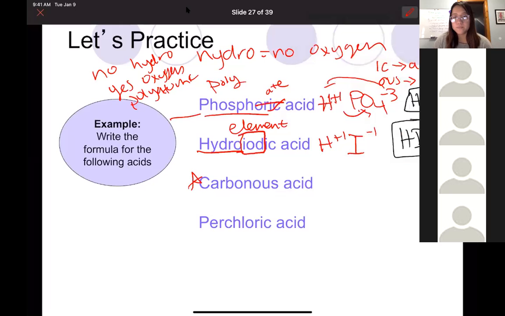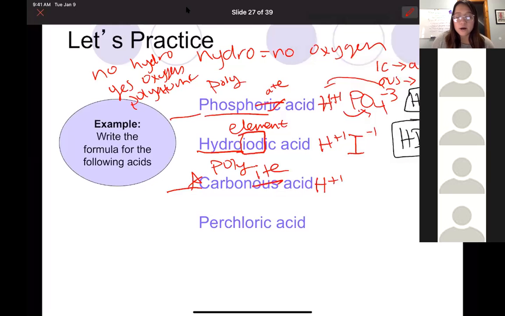Okay. All right, let's look at the next one, carbonous. Again, no hydro, right? We don't have hydro, which means this is a polyatomic. Again, it always starts with hydrogen, but we're going to remove this OUS. What are we going to replace OUS with? Ite. Carbonite.